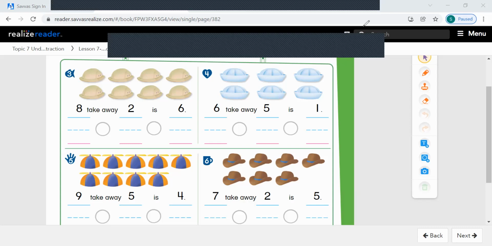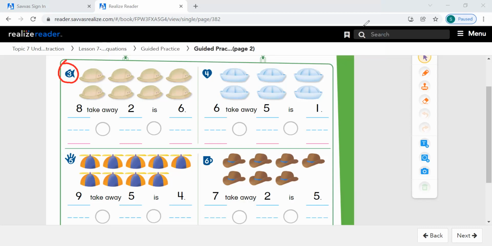All right, let's continue. We are on problem number 3. We are doing the same as we did on problem 1 and 2. We have 8 hats in all. 8 take away 2 is 6. 8, and we're taking away 2. Remember what we do.